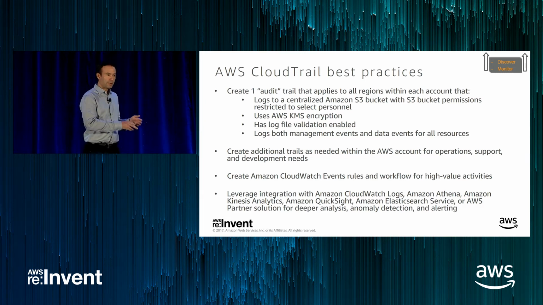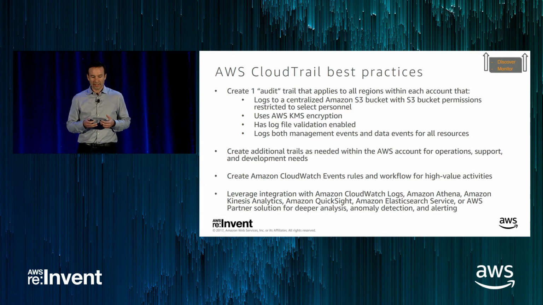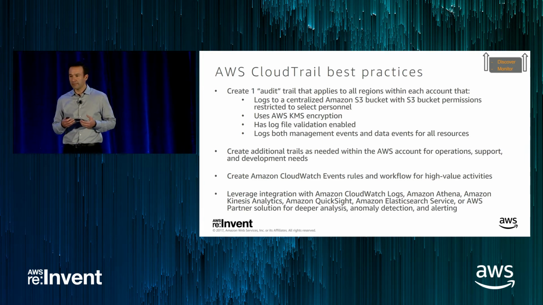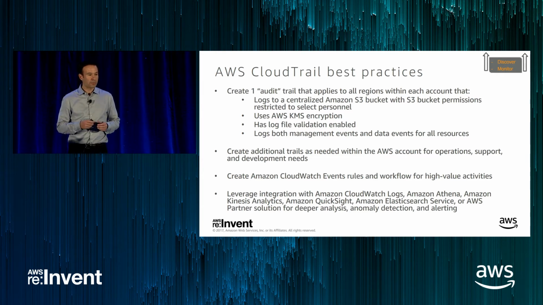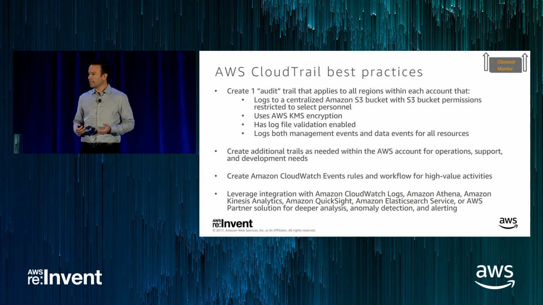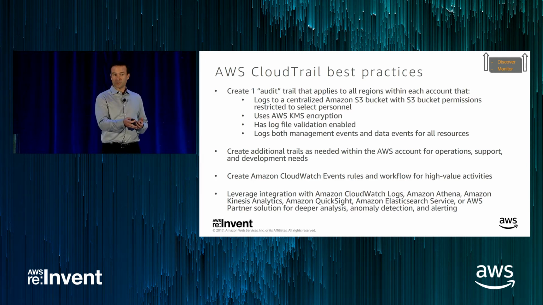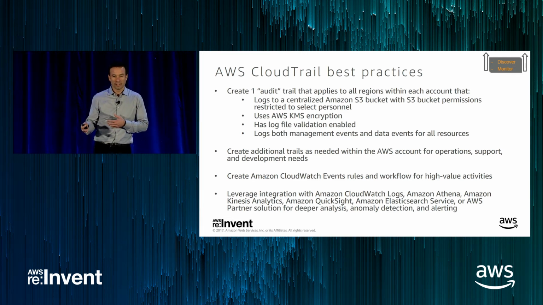The other thing you'll want to do, and we'll actually go through a demo of this, is leverage things like Amazon CloudWatch Events, where you can create rules and workflow around what you would consider to be high-value activities. Those could be things like, and this is what we'll demo, changing an object property from private to public.